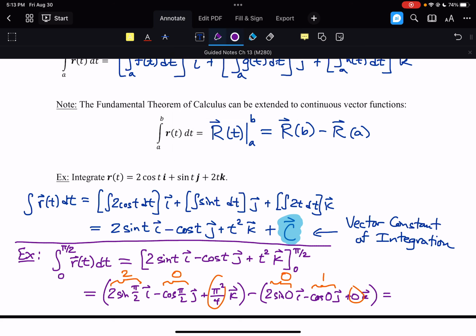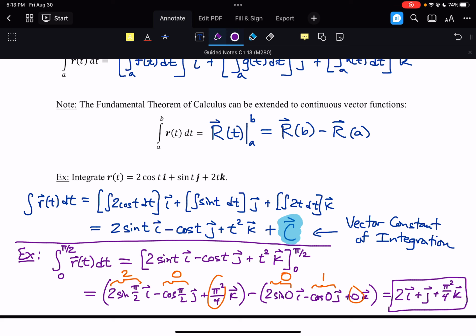So let's see what we got here. We have 2i and then 0j plus pi squared over 4 k, minus negative 1j, so plus j. So we end up with 2i plus j plus pi squared over 4 k.